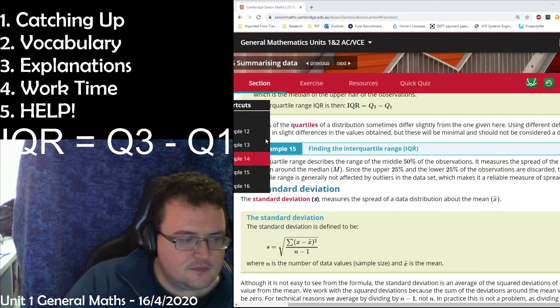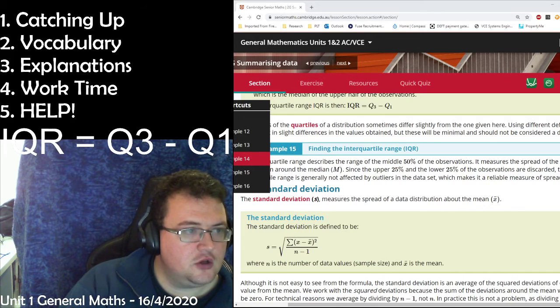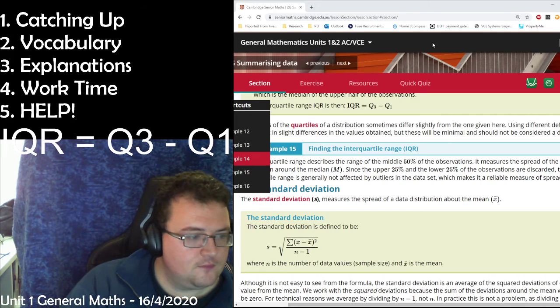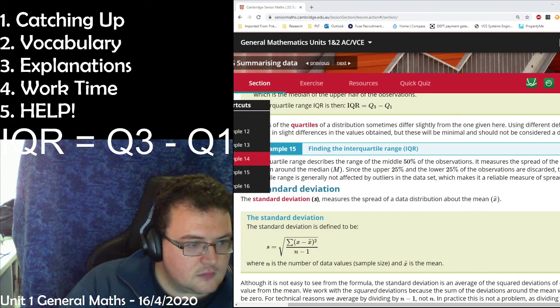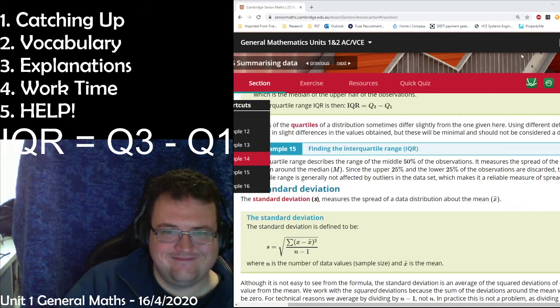All right, so I'm going to bring up my CAS calculator and show you where it comes from, because I happen to have a CAS on this computer now. Oh, you guys are funny.